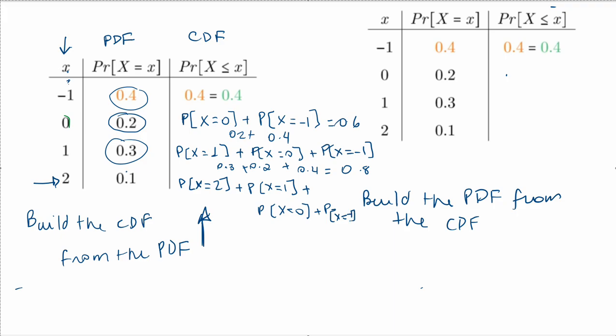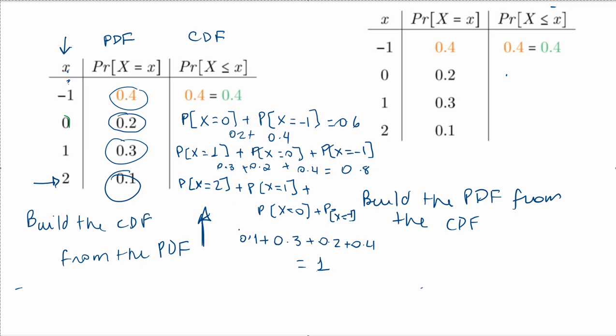So you're taking the value on the row, which is 0.1, and you're summing up all the rows above, 0.3 plus 0.2 plus 0.4, okay? This is equal to 1, and always equal to 1.